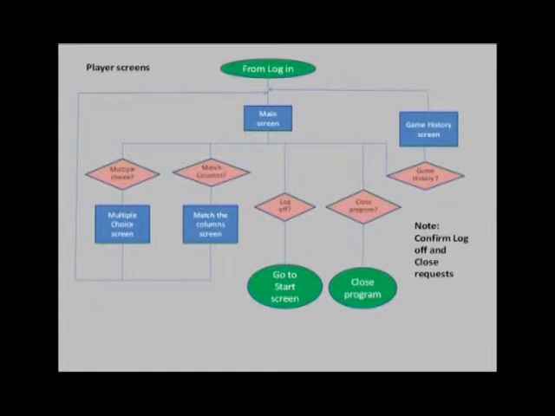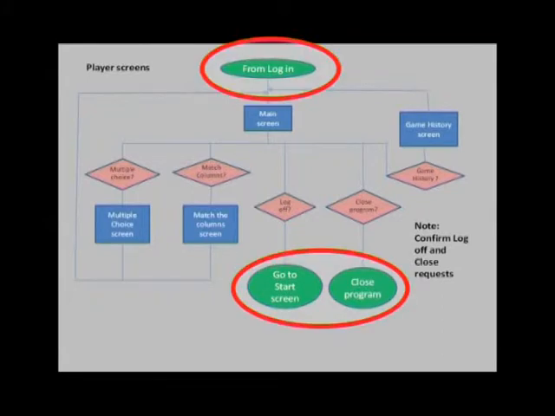For example, give me a hint would show the hint on the screen where the player selected it. Let's look at a flowchart for player screens that illustrates the sequence of actions. This program will offer either a multiple choice or a match the columns type of game. Note how the green start and end ovals show what happens before and after these events.